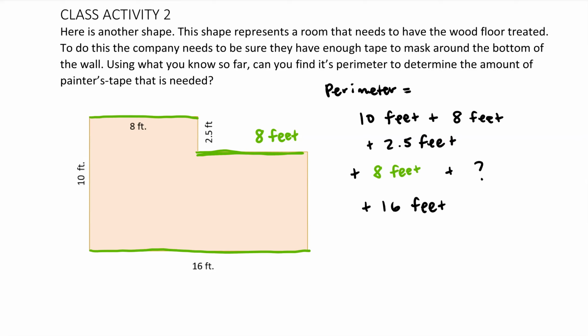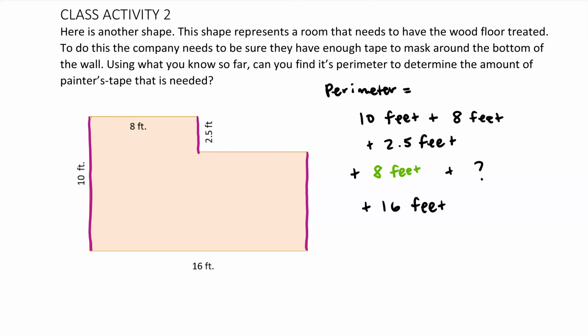And now we want to do something similar for this vertical piece here. So let me use a different color. I know that this vertical piece is 10 feet, and I know that this is 2.5 feet. So because this is the shape that it is, we know that this here is 2.5 from here to here, and whatever this length is from here to the bottom, whatever that is, it needs to add up to 10 with 2.5.